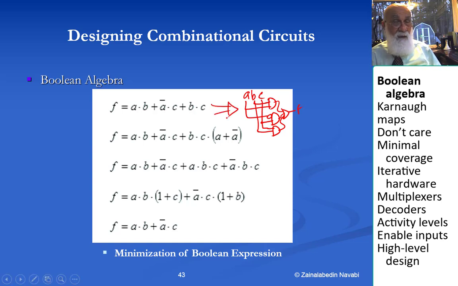How would I implement this? If you look at an AND gate, to build an AND gate I have to take 4 transistors for the NAND, A, B, and then put an inverter, again 2 more transistors. So this AND function would require 6 transistors.